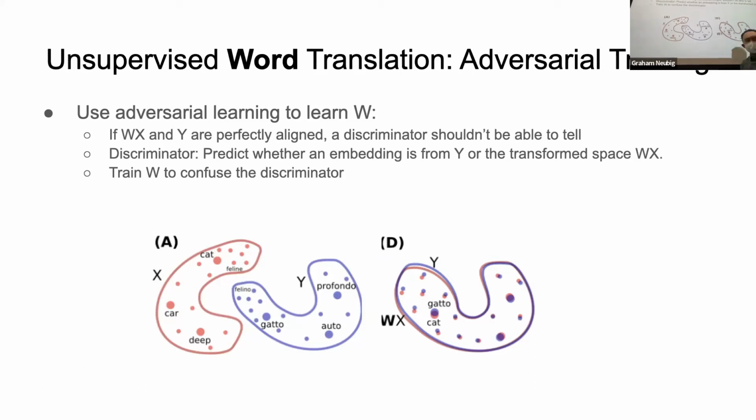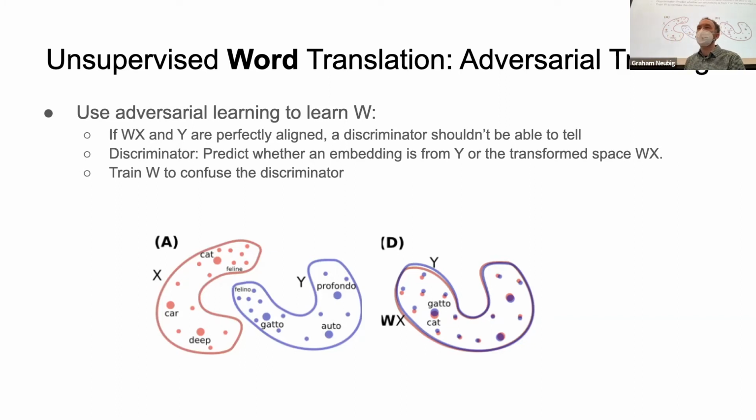Now, if you have a small amount of supervision, say 50 words in a dictionary, you could use that to do supervision directly without having to do the unsupervised distribution matching at first. In fact, two papers were presented at basically the same time. One was a paper on completely unsupervised mapping.